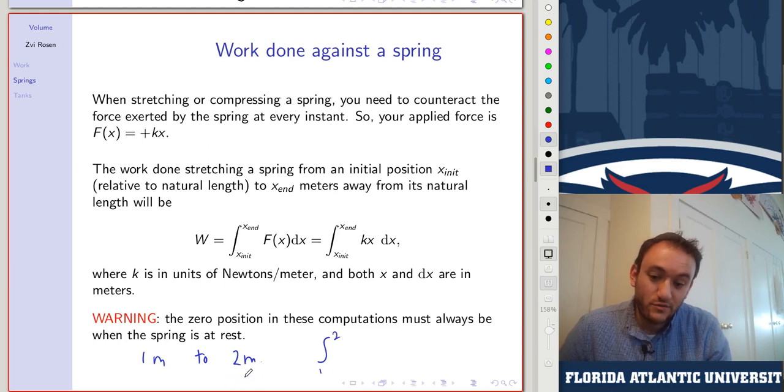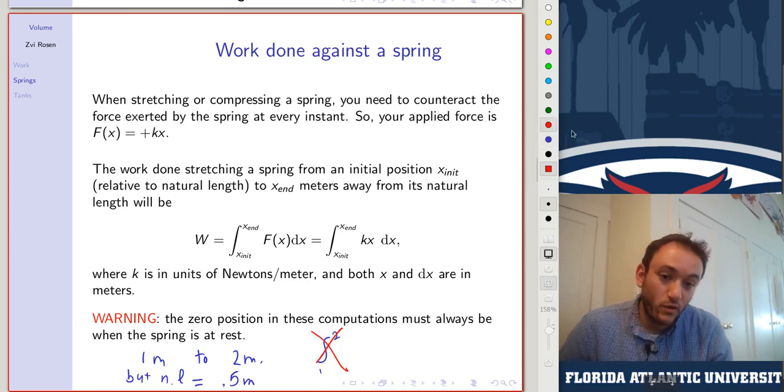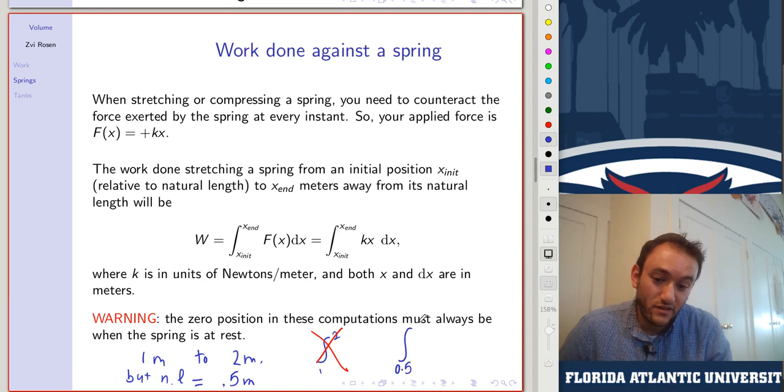So if it's 1 meter to 2 meters, but the natural length equals 0.5 meters, then you have to change this integral. It shouldn't be 1 to 2. It should be the distance past natural length, 0.5 to 1.5. So that's something to be cautious about.